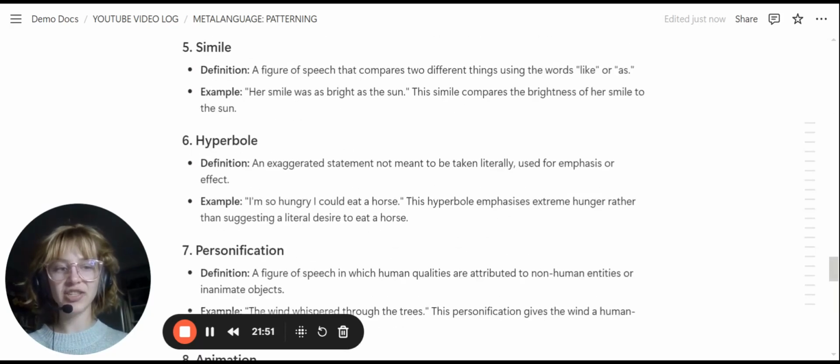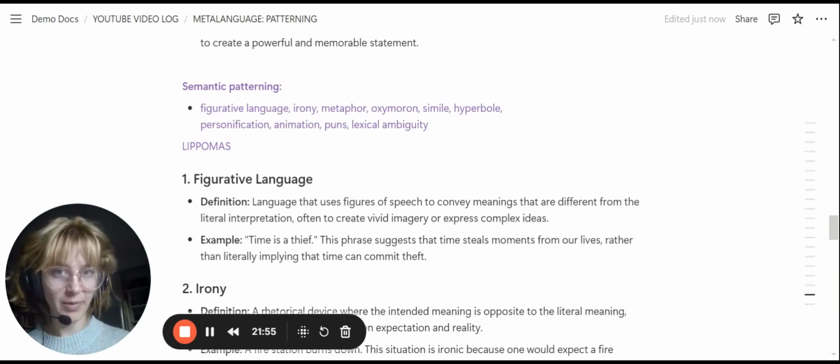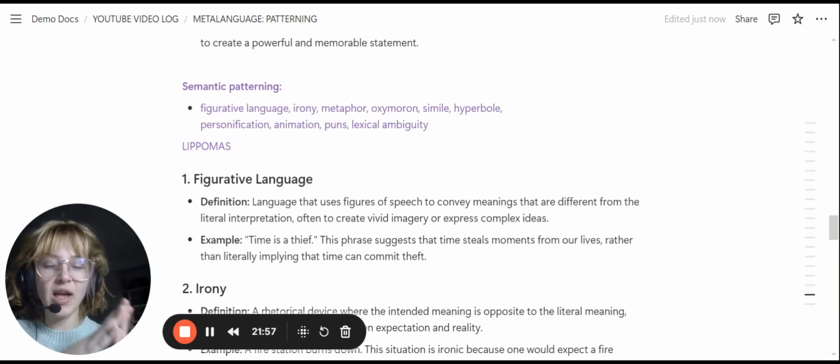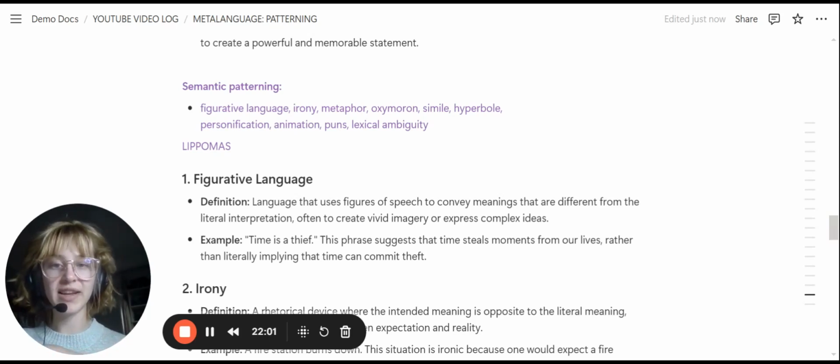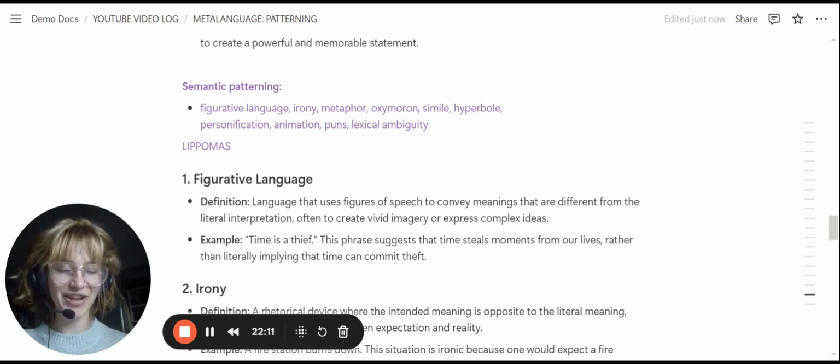Great. So just to summarize with figurative language and semantic patterning, this one also links very highly to literary text. So when I was talking before about phonological patterning, literary text, I mean novels or short stories, which are pretty rare, but classically I think the 2019 VCE English Language paper has one.